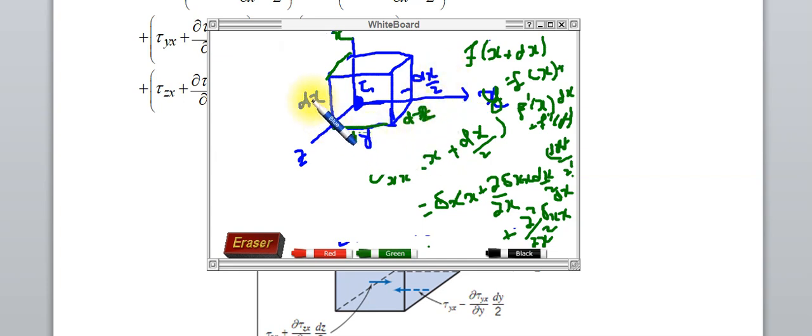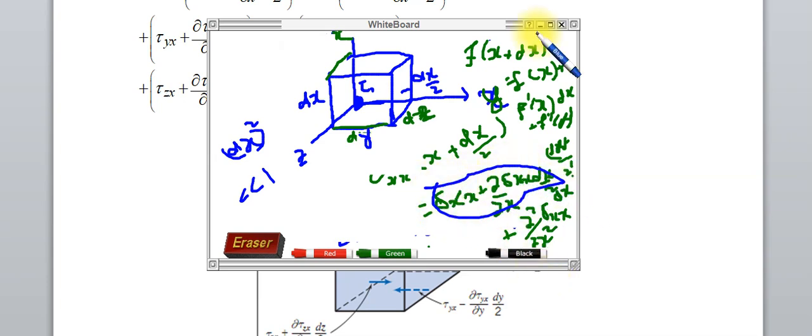Since dx is a very infinitesimal distance, when we take the square of this very small quantity, it becomes even smaller. That's why we ignore the second order and higher orders, and just take these two terms.